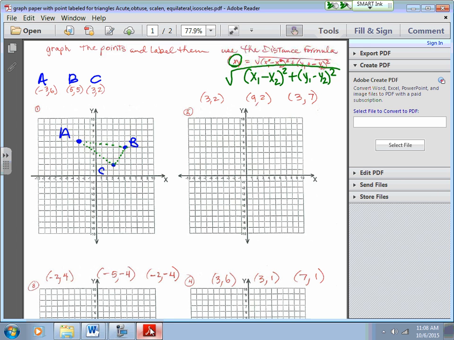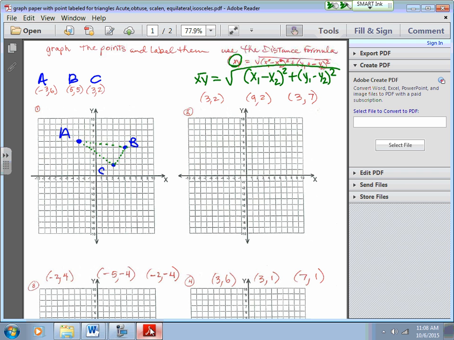That's one way to get the distance between two points. If you're writing it down, I'll give you a few seconds to write it down. And this is the distance between any two points, x and y, okay?